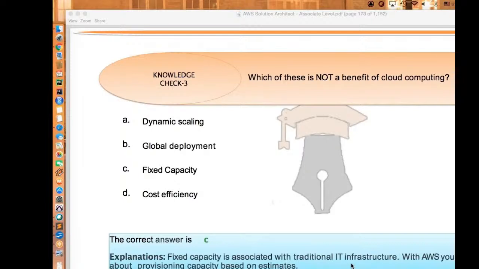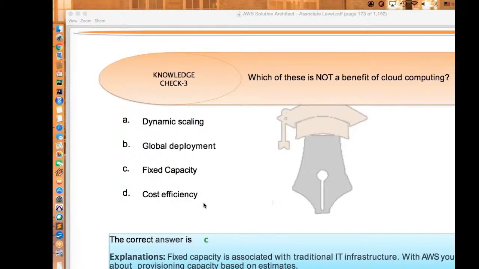I tried to analyze it before I answered, but I didn't get it. No problem, we are in a stage of learning, Patrick. So fixed capacity is in the traditional IT infrastructure, where we say, I need this much space.